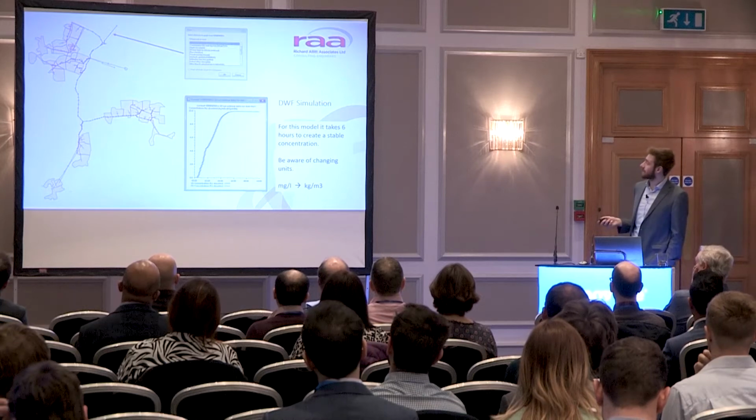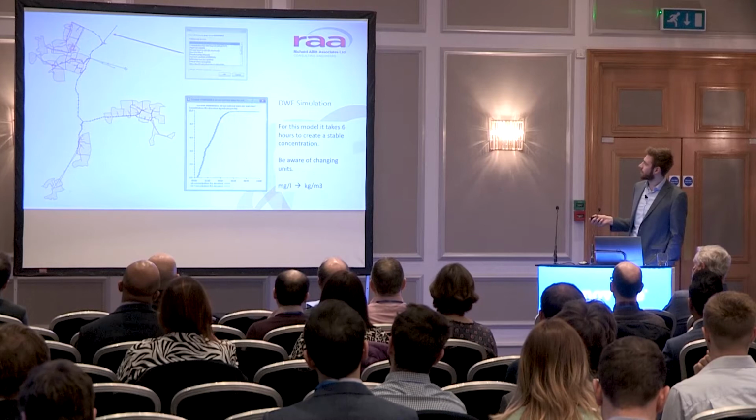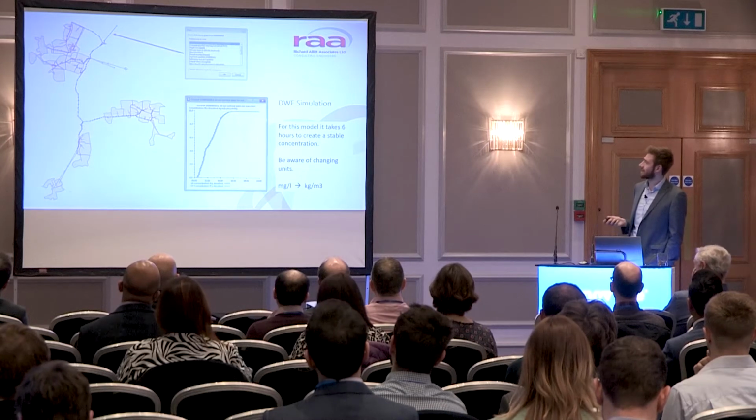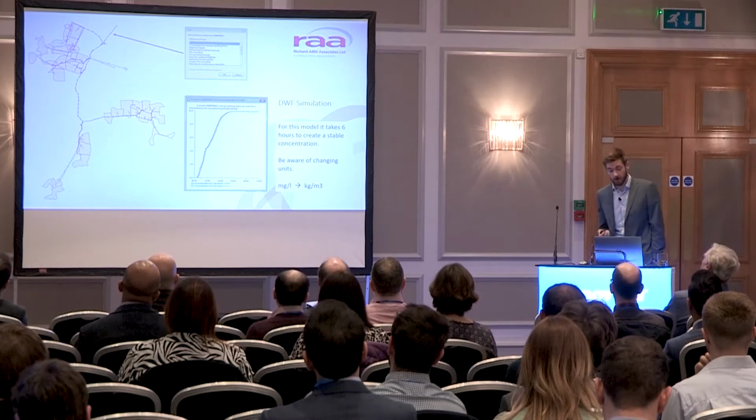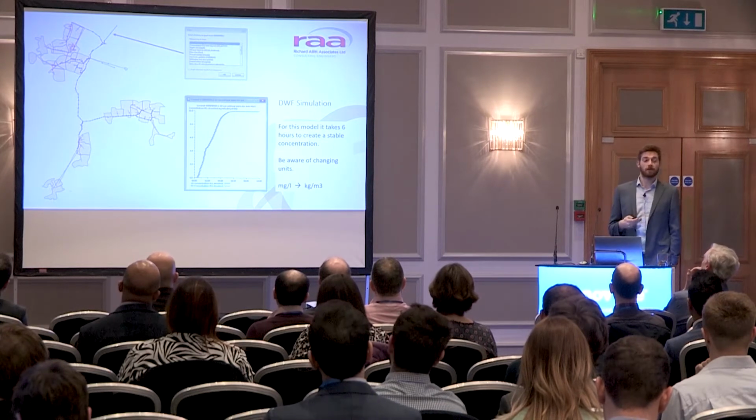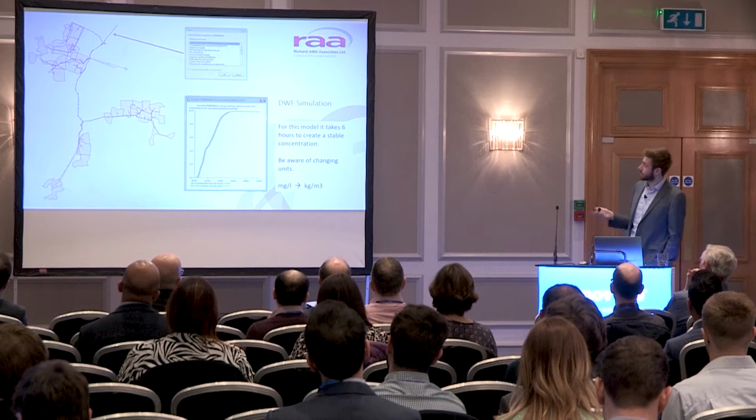So it's taken 6 hours, but flows through the system have reached a point where we've now got a steady state of 10. So if we now use this as our initial state file, our flows should start at 10 rather than having this build up concentration.